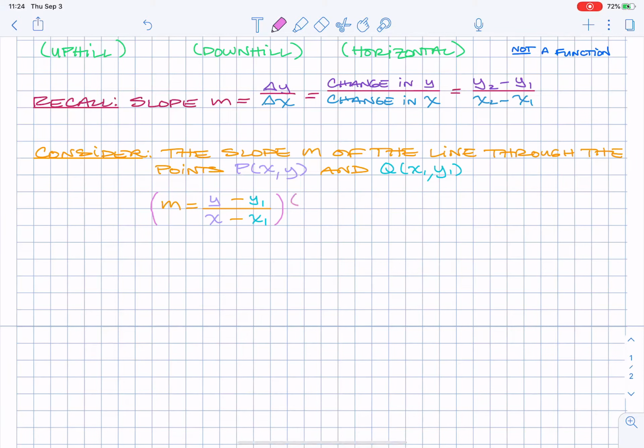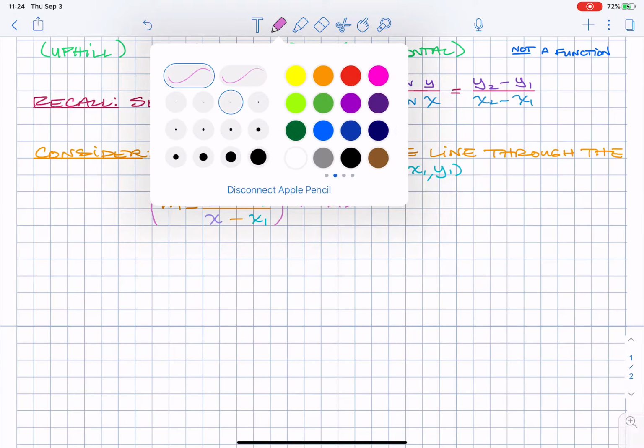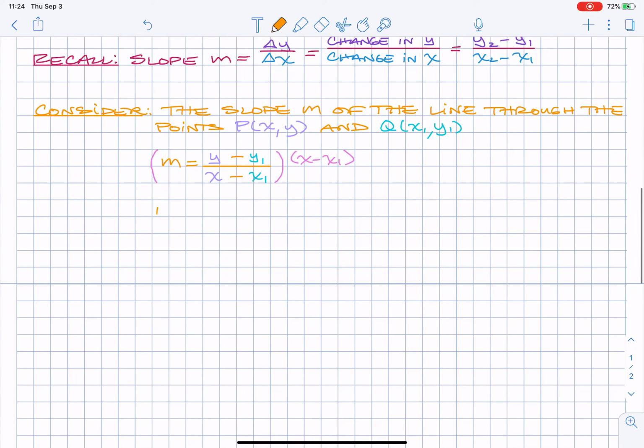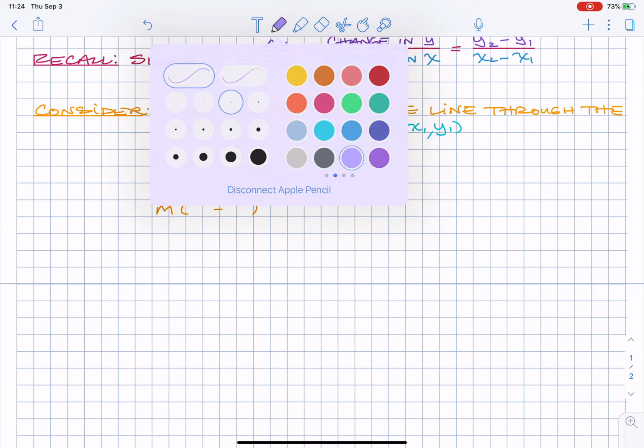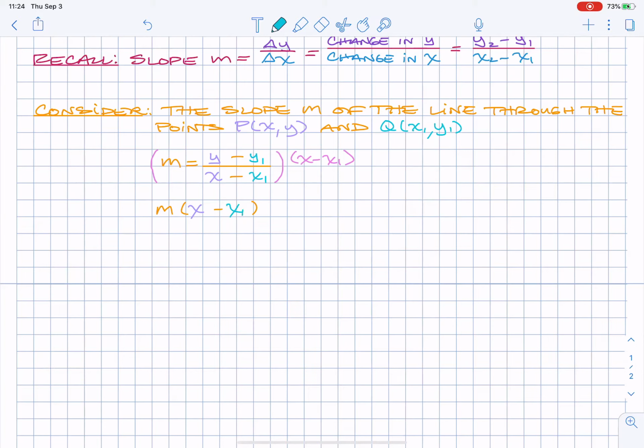Okay, I can cross multiply here by x minus x1. So I'm just multiplying the denominator across, and what I get then is slope m times the quantity x minus x1 when I cross multiply, and that will be equal to y minus y1.